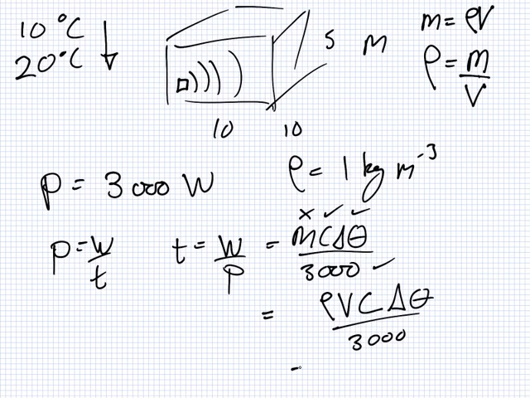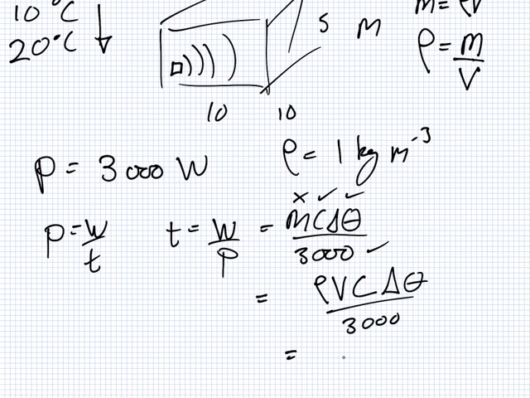Okay, so what's the density of air? 1. What's the volume here? 500. What's the C? I know the C, you have to look it up. 1012. The delta theta and the power 3000.